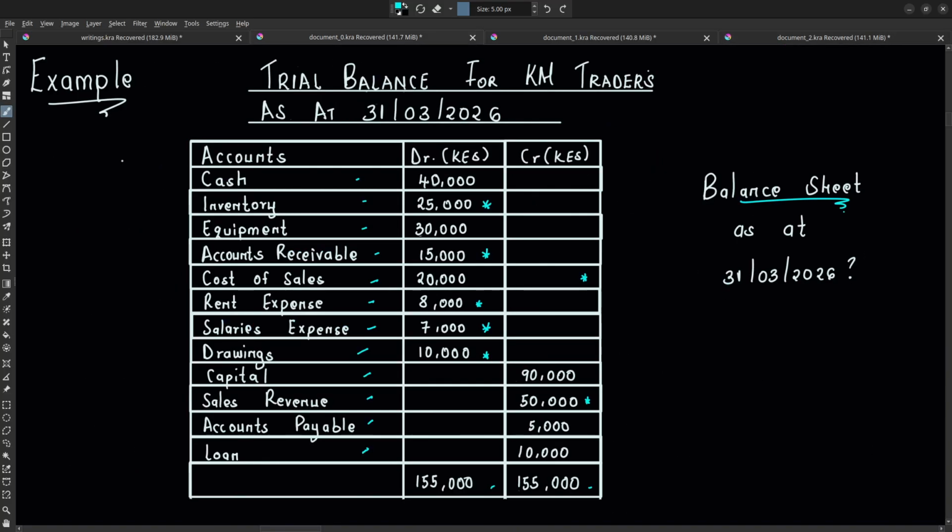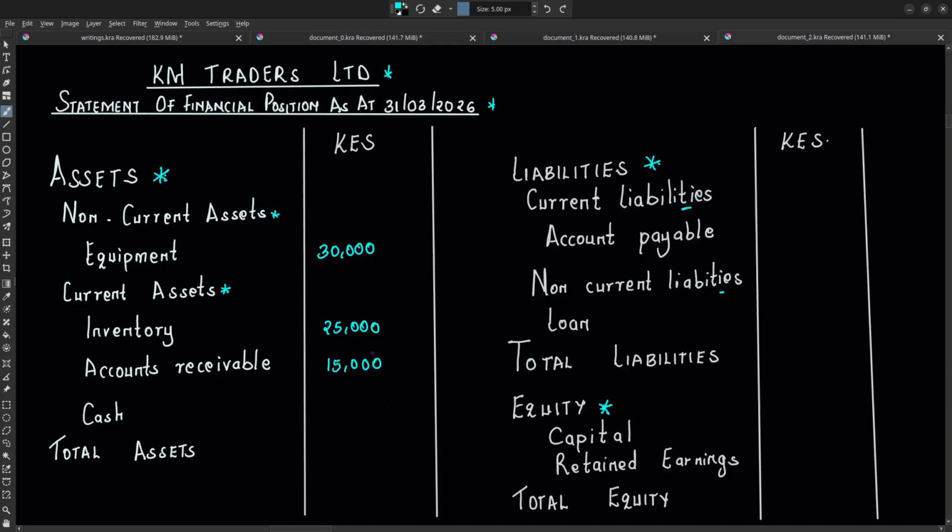What about our cash account? We have 40,000. Now let us look at the total assets, which is basically non-current assets plus current assets. So 30,000 plus 25 plus 15 plus 40 gives us 110,000.